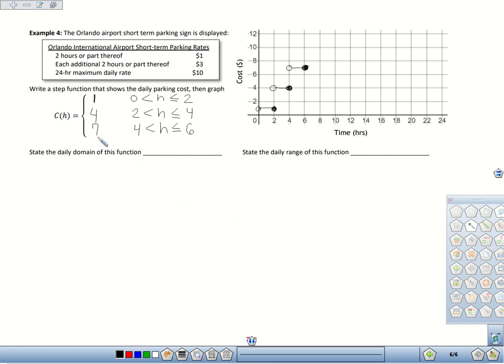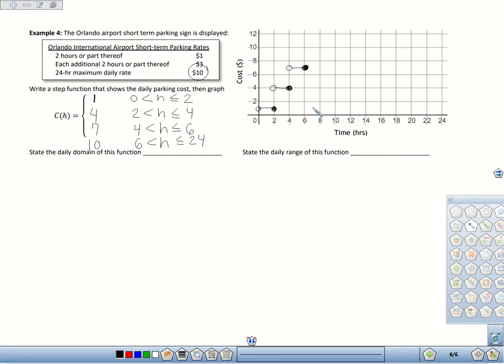Now, if you go past 6 hours, you've got to pay for another 2 hours of parking. How much is that going to cost you? Not 9, but you're going to add $3. 10. Now, what do you notice also about $10? Can you pay more than that? That's the maximum rate, up to 24 hours, right? So anywhere from 6 hours to 24 hours is going to cost you the $10.